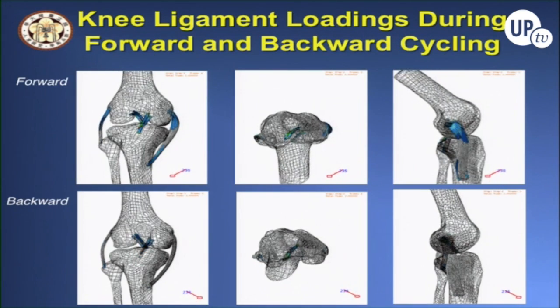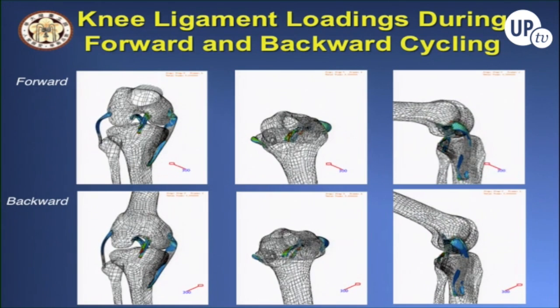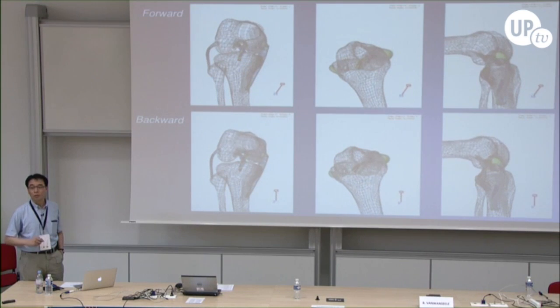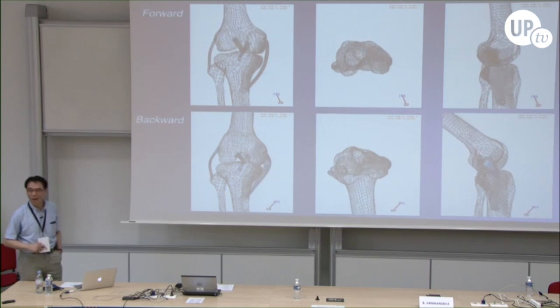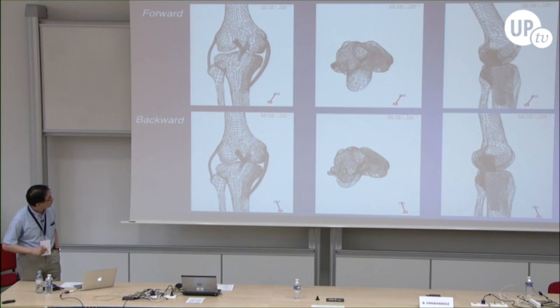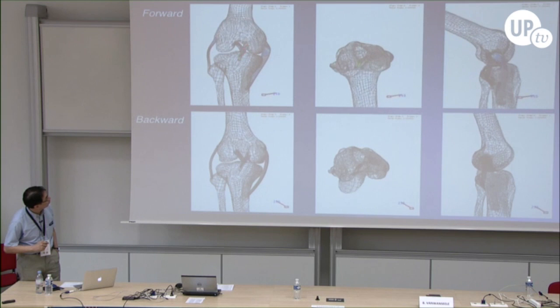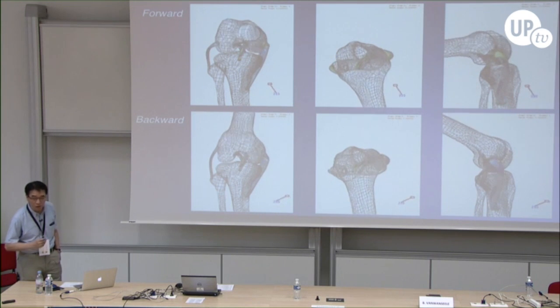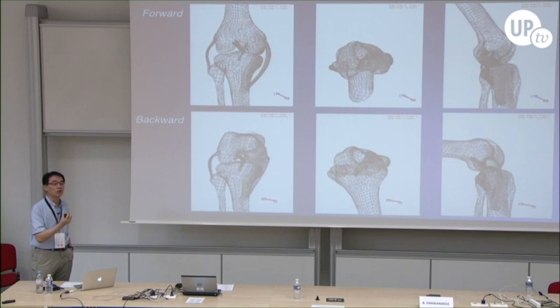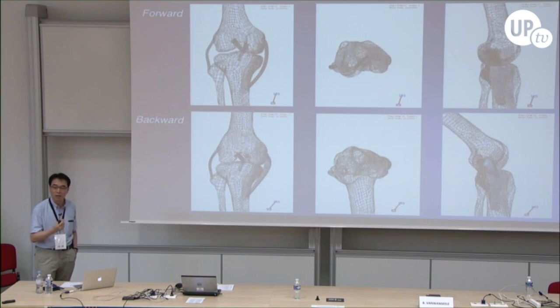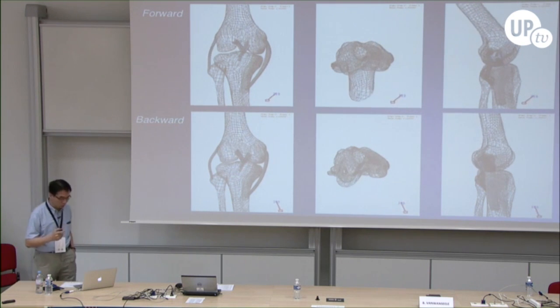So these are the finite element results. I just use this to confuse you. All black. But if you observe carefully, the posterior cruciate ligament has more red color, indicating that the stresses and strains experienced by the PCL are greater than the anterior cruciate ligament.